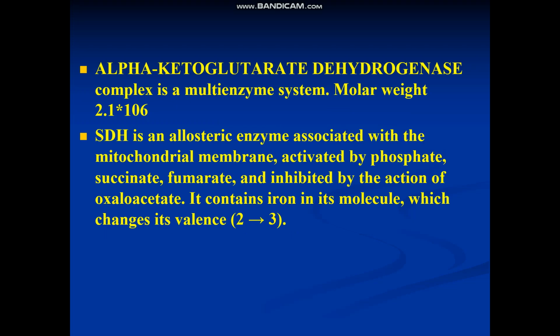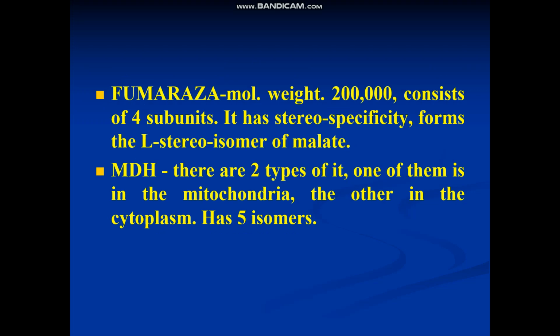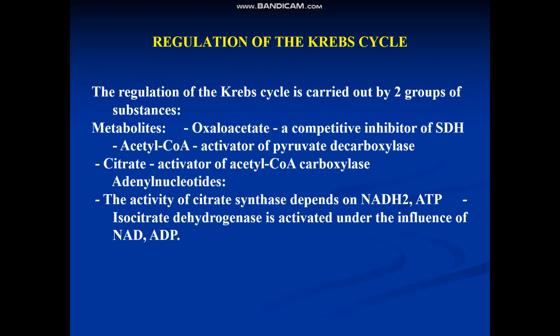Alpha-ketoglutarate dehydrogenase complex is a multi-enzyme system, molar weight 2.1. Fumarase, MDH, regulation of the Krebs cycle. The regulation of the Krebs cycle is carried out by 2 groups of substances.